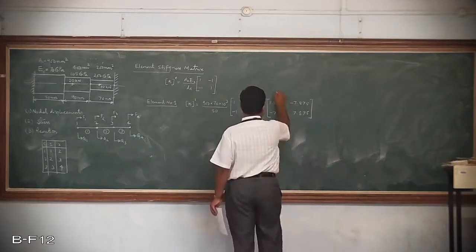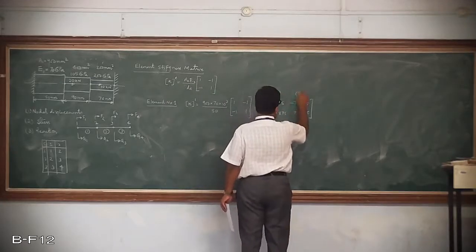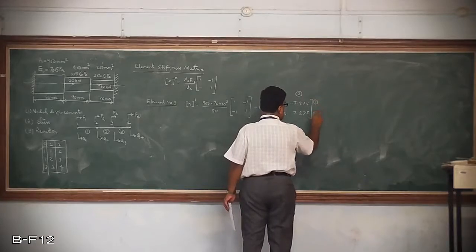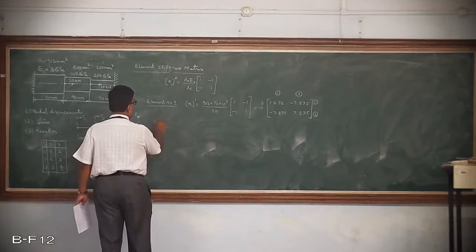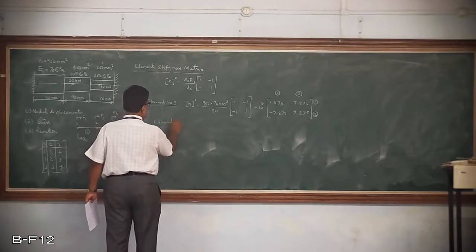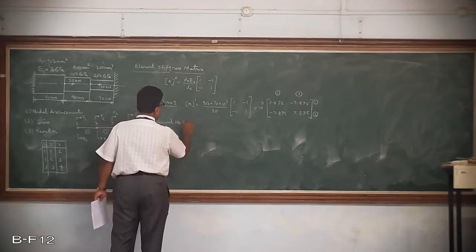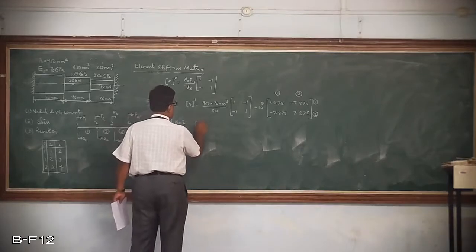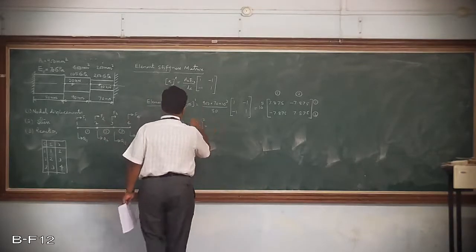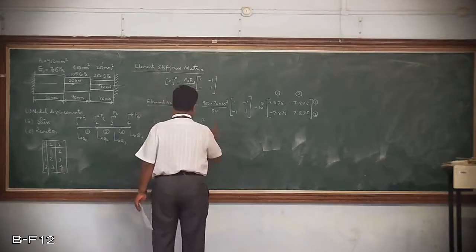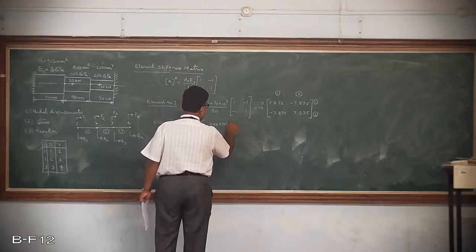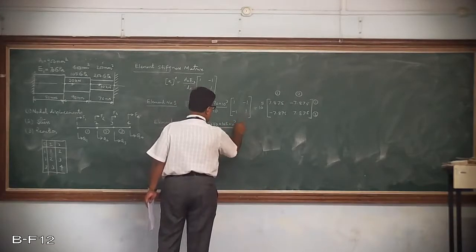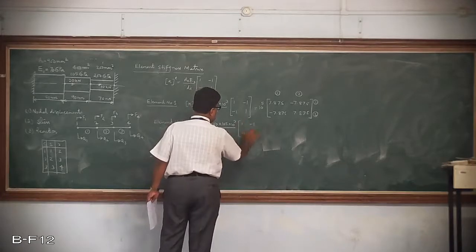So let us write this as 1 and 2 for element number 1. Now let us write for element number 2. Here it is going to be K2, where the area is 400 into 105 into 10 raised to 3 as the Young's modulus, and the length is 90, with the matrix 1 minus 1 minus 1 1.